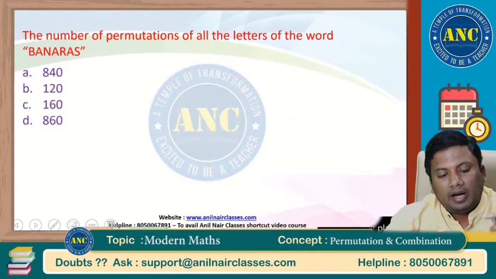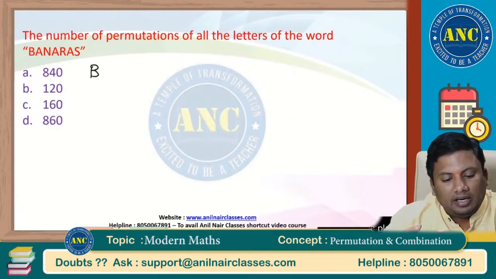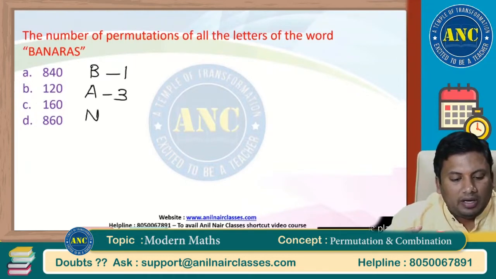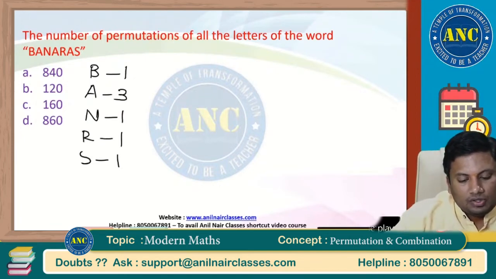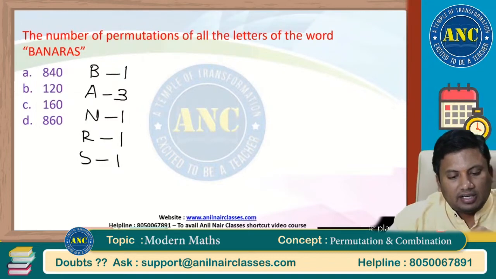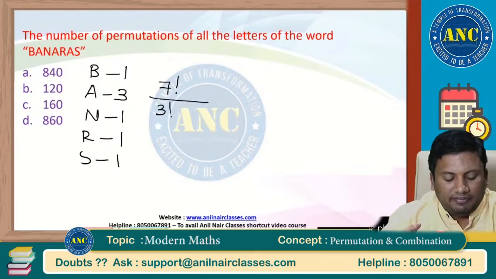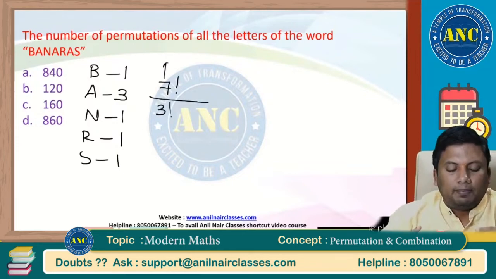Next one, Banaras. B, how many are there? 1. A, how many are there? 3 are there. N, how many are there? 1. R, how many are there? 1. S, how many are there? 1. So totally 7 letters are there. So it is nothing but 7 factorial by 3 factorial. 7 is a prime number.